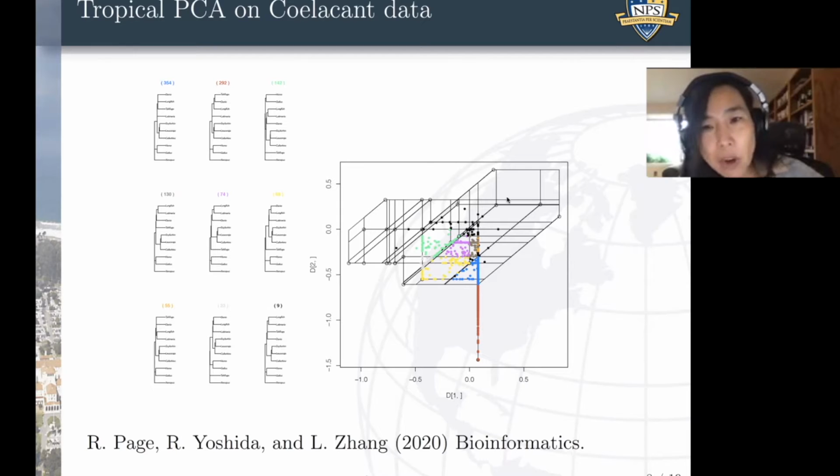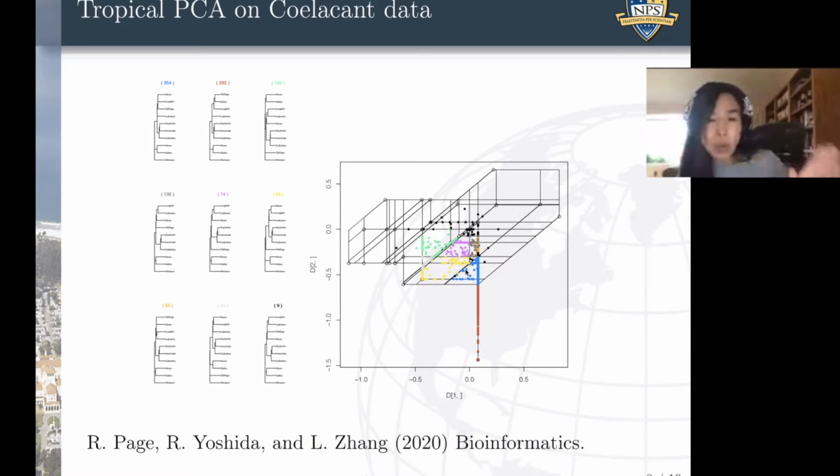But the difficulty for biologists, or for us, is interpreting this triangle. For example, this cell, I have no idea what kind of topology it looks like. Or these cells, I don't know what kind of tree topology they look like. In general, if I go along those lines, how does the tree topology change?